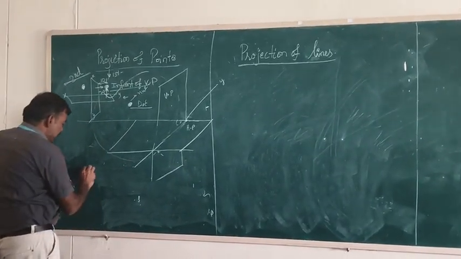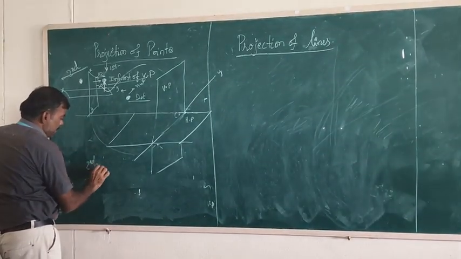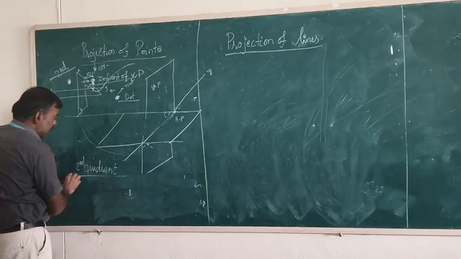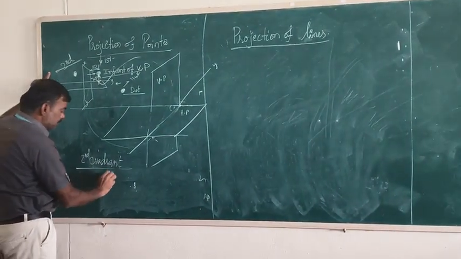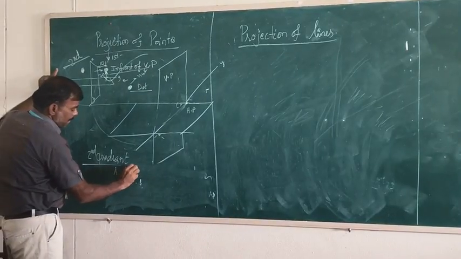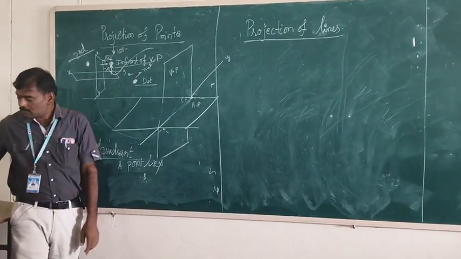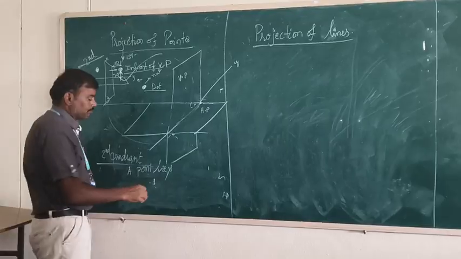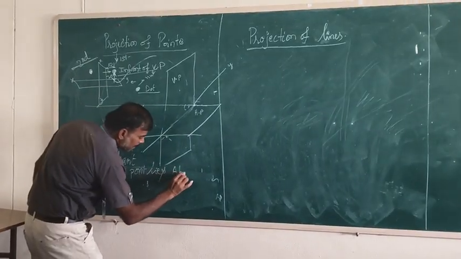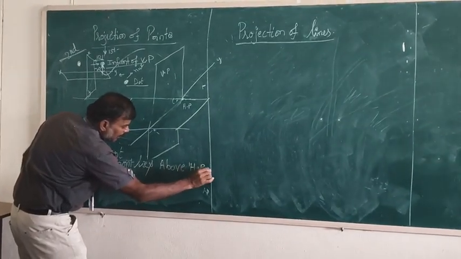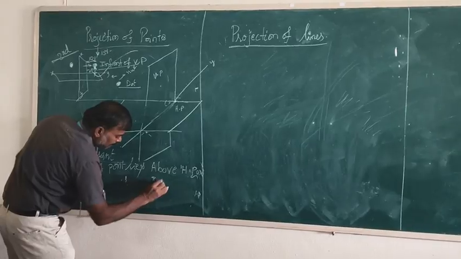Now I want to write for the second quadrant: a point lies above HP and behind VP.